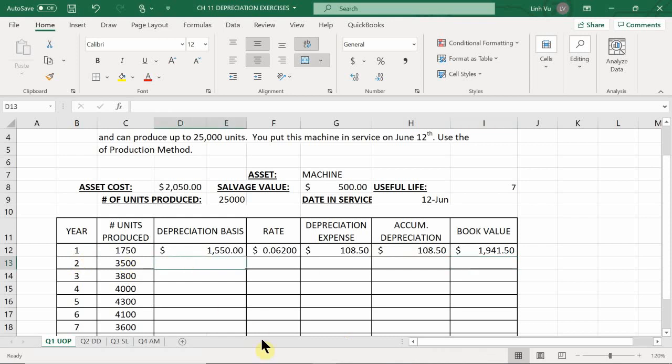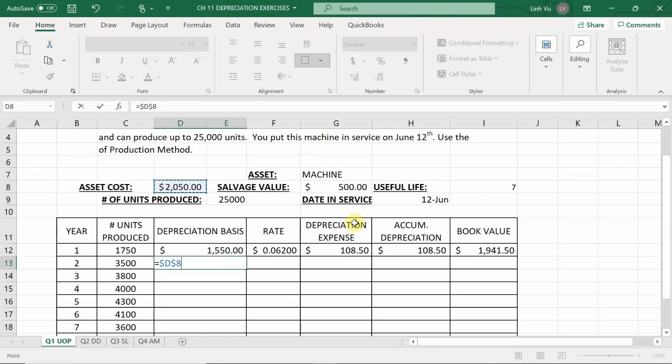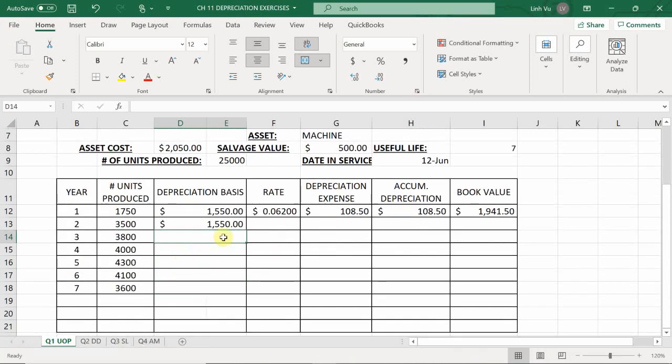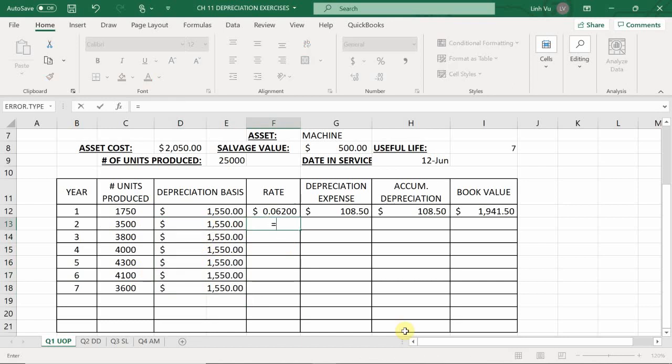All right, so then let's solve for year 2. What's your depreciation basis? Once again, it's going to be my asset cost of $2,050 minus my salvage value of $500, which is going to give me the same exact number that I had for the first year. If you remember, the depreciation basis stays the same throughout the whole entire time. Now it's time to solve for the rate.